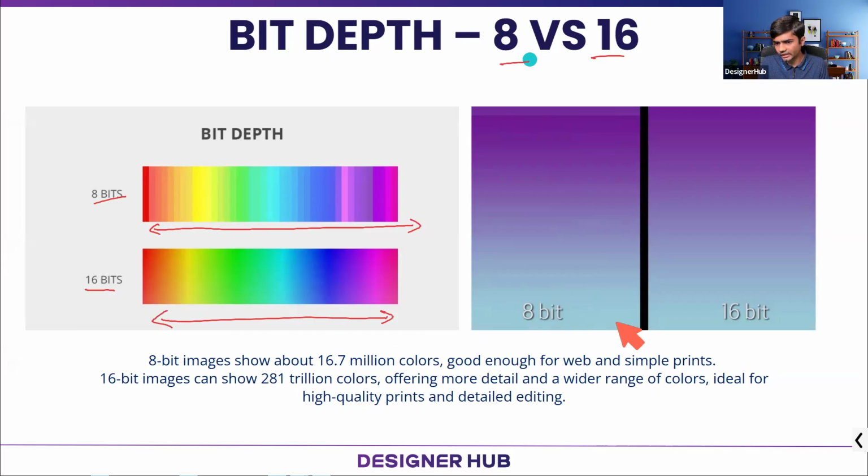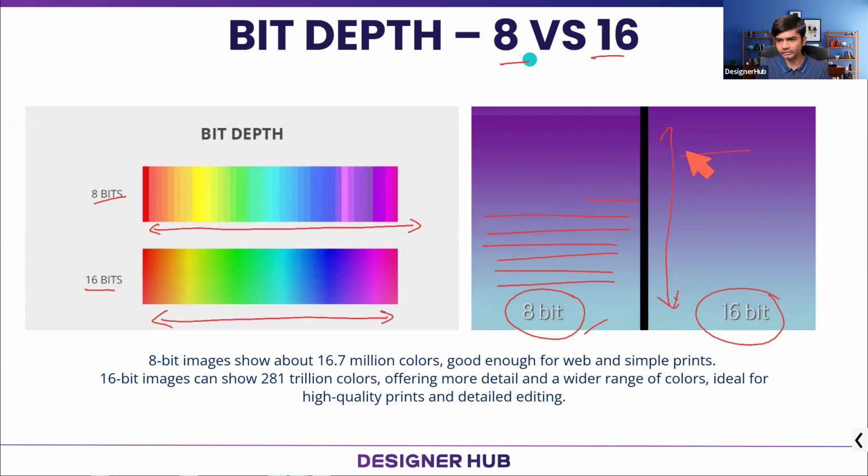You can see this gradient in 8-bit, but you can see these lines between. Many a times when you print gradients, you will see these lines on your paper also, because your file was always 8-bit. You never understood how to solve it. But as you change your file into 16-bit and then print it, your gradient will come out perfect in printing also.